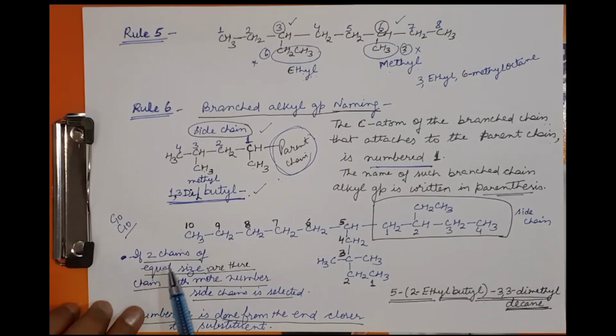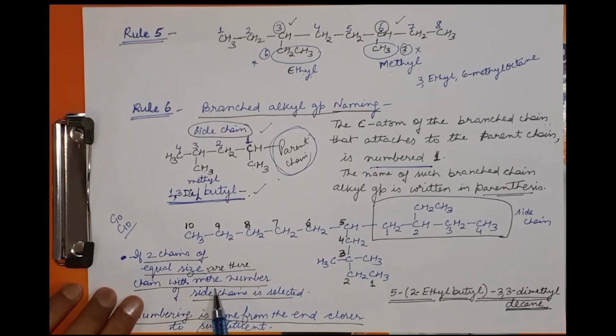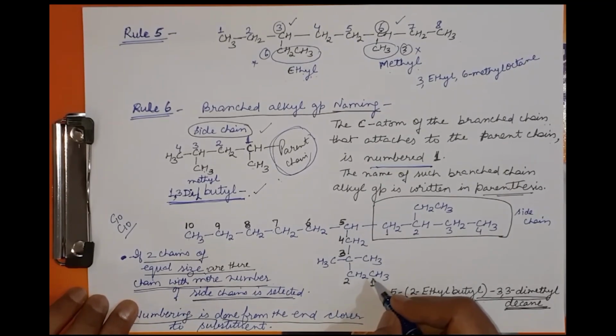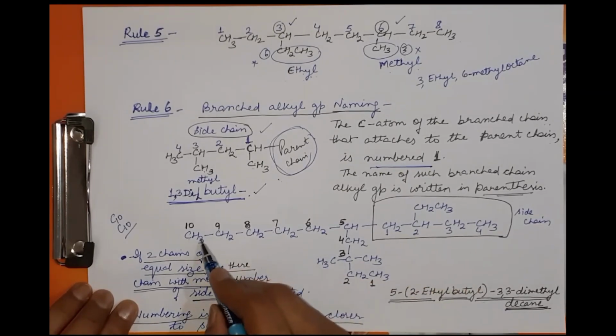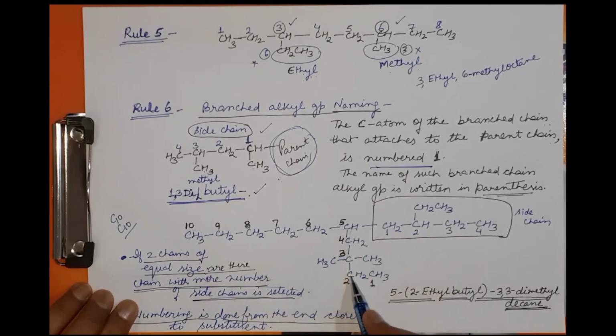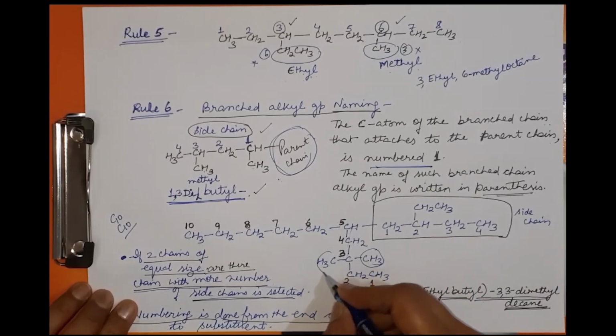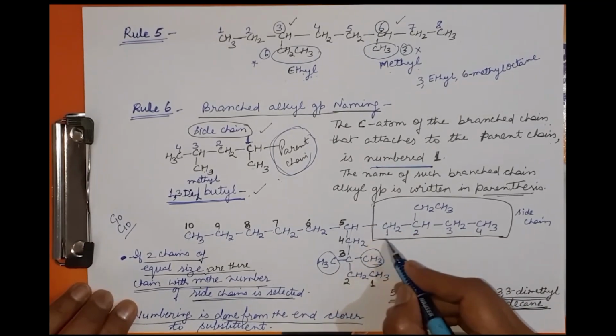It is said, if two chains of equal size are there, then the chain with more side chains is selected. Because the same case is here, we have to select the parent chain with more side chains. So we will take this parent chain, because in this case this is one side chain, this is one side chain, and this is one side chain.